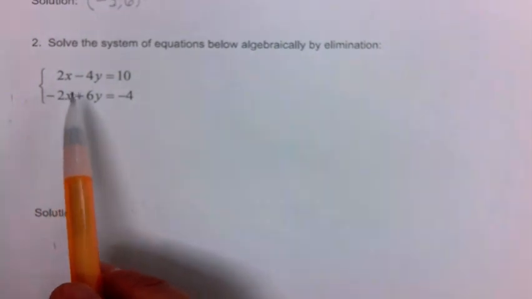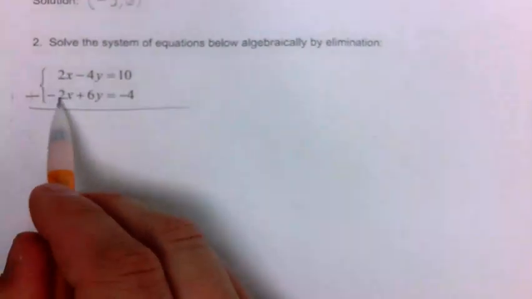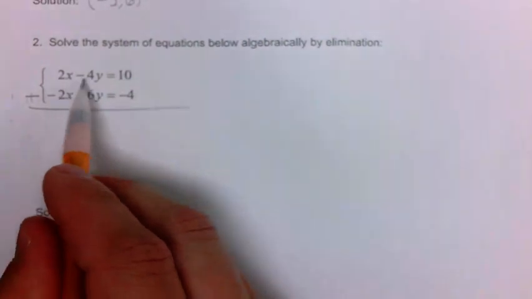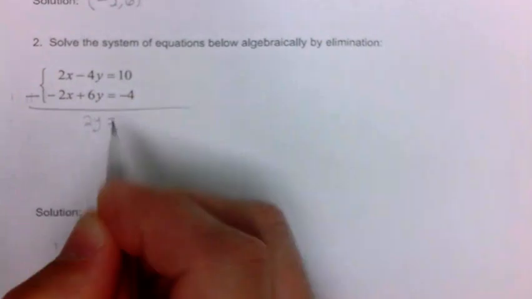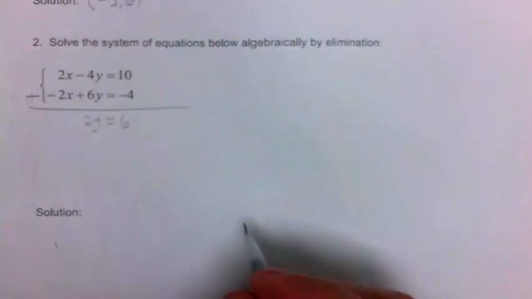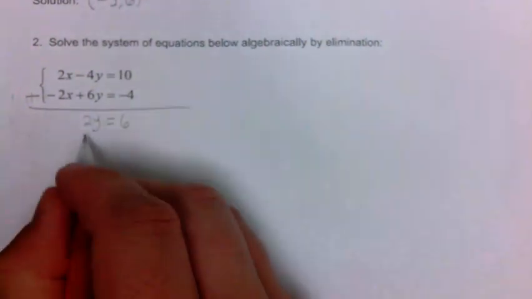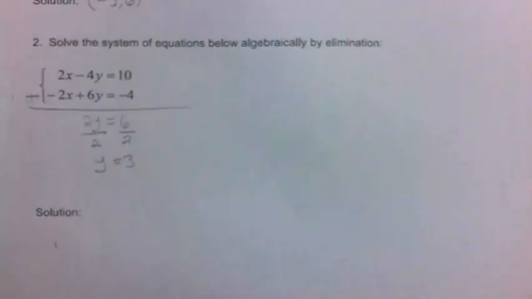So since my equations have opposites, I'm going to go ahead and add these equations together. So if you add 2x with negative 2x, that's 0. Negative 4y plus 6y is 2y. And it equals 10 plus negative 4, which is 6. So 2y equals 6. To get y, we'll divide each side by 2, which means that y is 3.